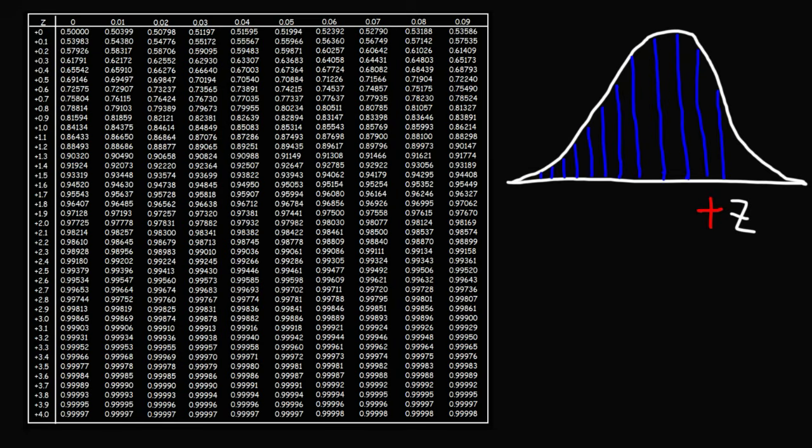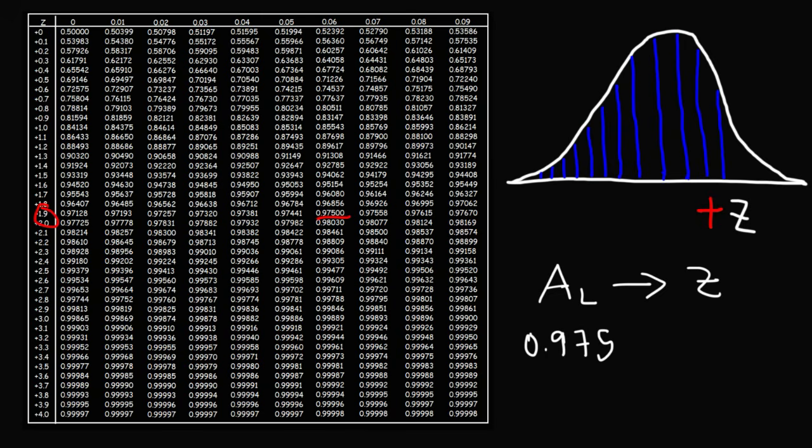So here is our positive z-score table. Now, we have an area value, and we want to get the corresponding z-value. Our area value is 0.975. So let's go ahead and look for that in the table. So here it is, 0.975.